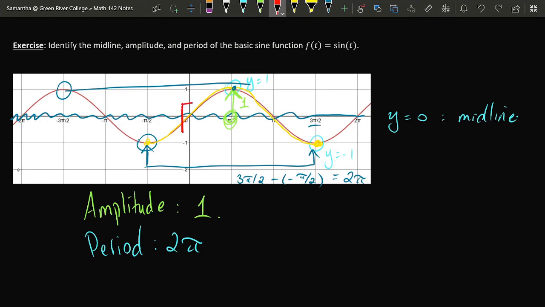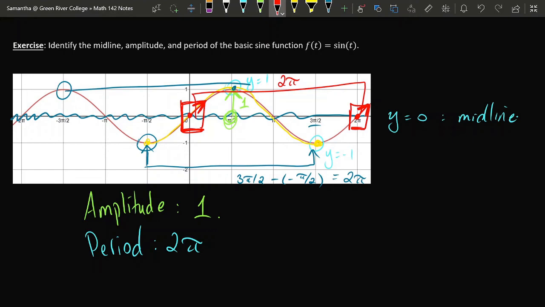For example, one nice choice might be to look at the distance between this point, which cuts through the midline going upward, and this point over here, which also cuts through the midline going upward. You could also use these 2 points to determine the period, and you could also find out that there's 2π units between those two matching locations as well.